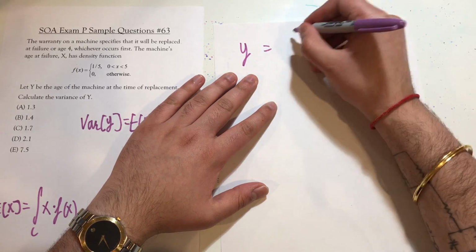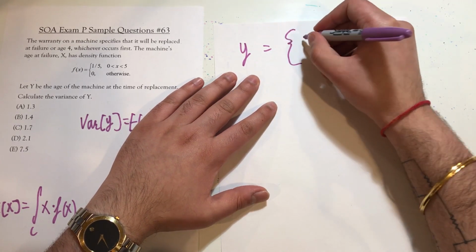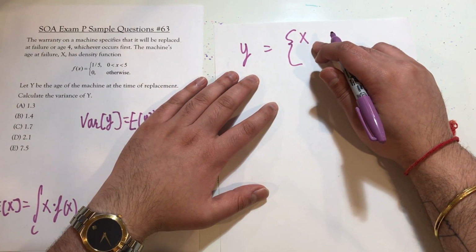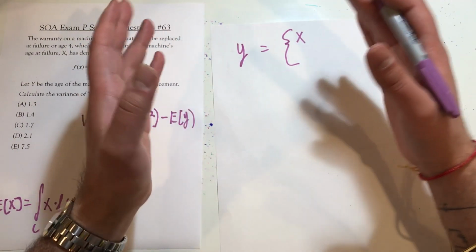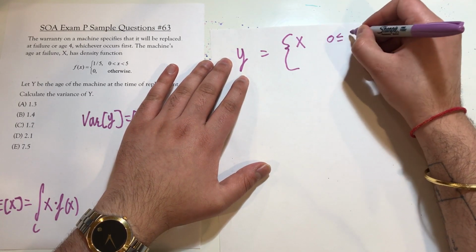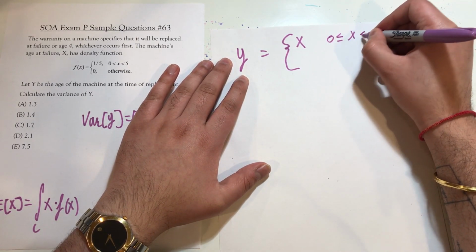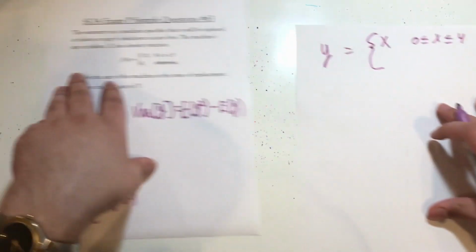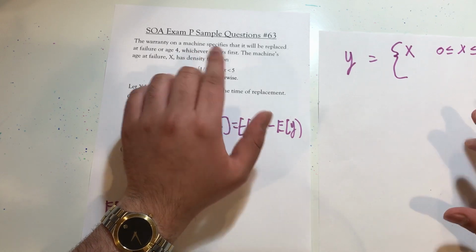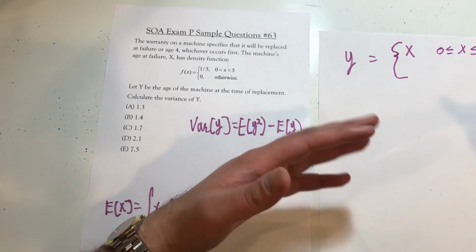So y is going to be piecewise. The time at replacement will be x as long as it fails between 0 and 4 years. We know that because of this statement up here, it will be replaced at failure or at age 4, whichever comes first.